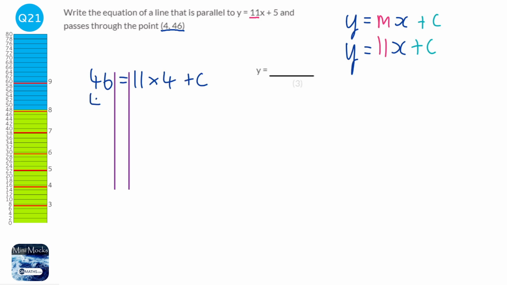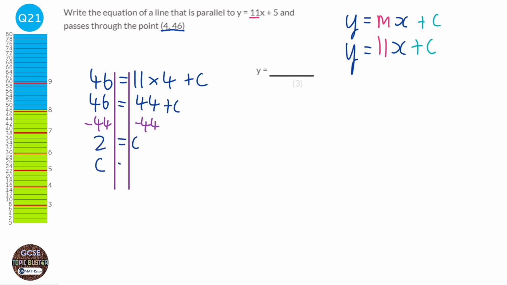So first thing I'm going to do is just times the 11 and the 4 together to make 44. And then I'm just going to take away the 44 from both sides. So we get 2 equals c, or c equals 2. And we can put that into our equation. And that is our answer. So it's going to be 11x plus 2.